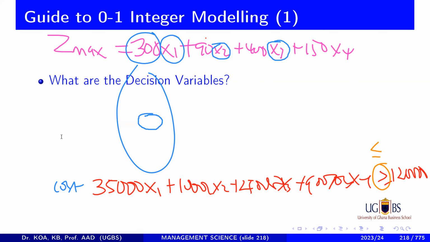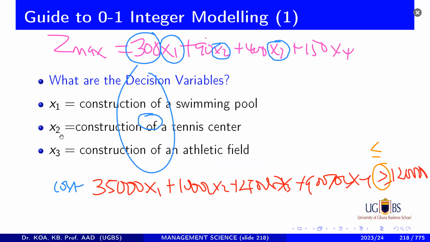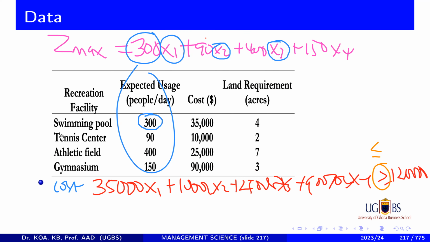The next constraint is the land requirement constraint. Who can quickly walk us through that? Samuel?